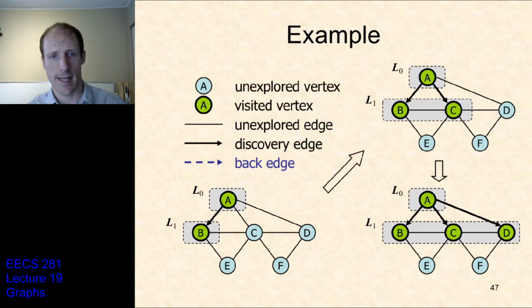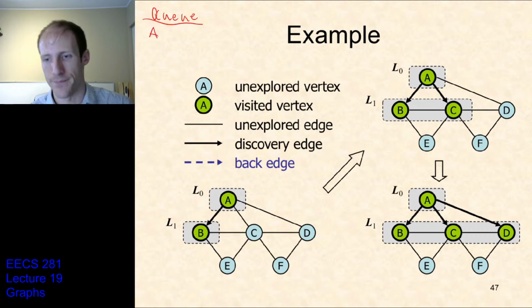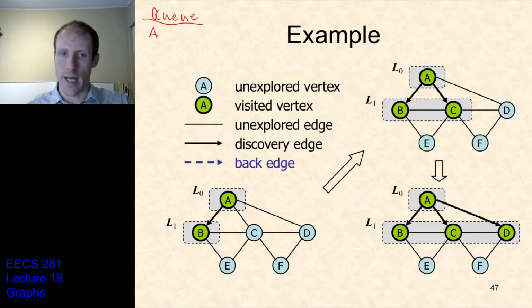So we're going to look at the same graph as before. Let's say we have some queue. We're going to push the start vertex, A, into our queue. Then we hit that while loop.